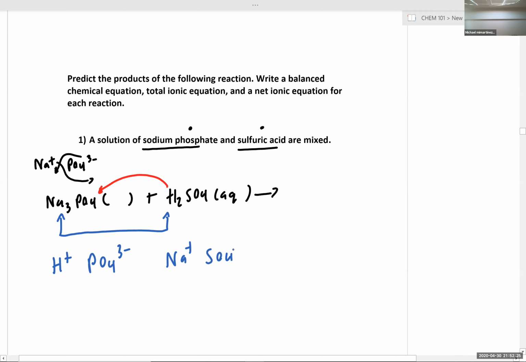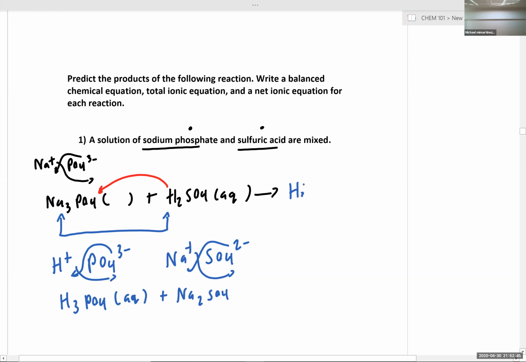So I have sodium plus and sulfate, and I have H plus and phosphate. So I'm going to cross my charges, and that gives me H3PO4, phosphoric acid, and sodium sulfate, which is Na2SO4.